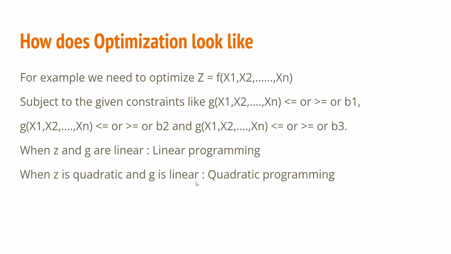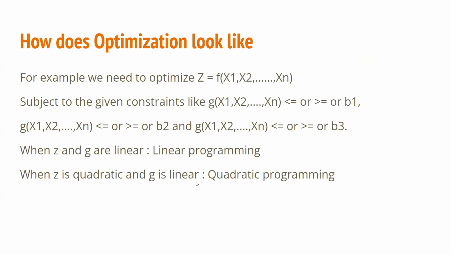So what does any constraint optimization look like? First you will write an objective function in the form of v equal to a function of decision variables like x1, x2, xn, any number of decision variables. Then you write the constraints, like g of x1, x2, x3, up to xn is less than or greater than or equal to b1.